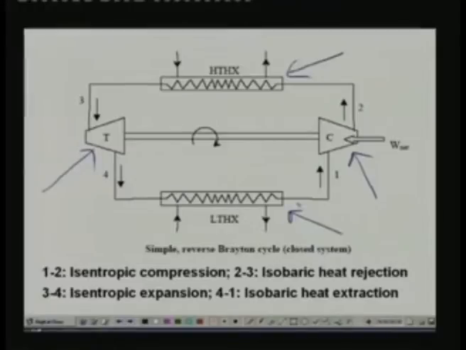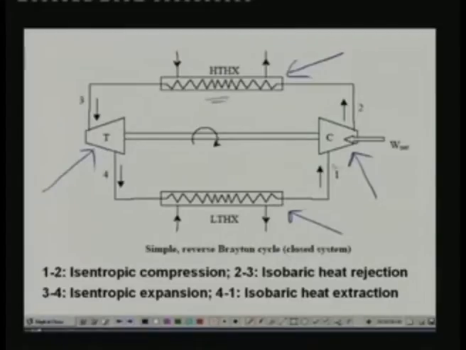The first change is that the isothermal compressor is replaced by a heat exchanger. Similarly, the isothermal turbine is replaced by a low temperature heat exchanger. Now, what are the 4 processes in this particular cycle? The first process 1 to 2 is isentropic compression.